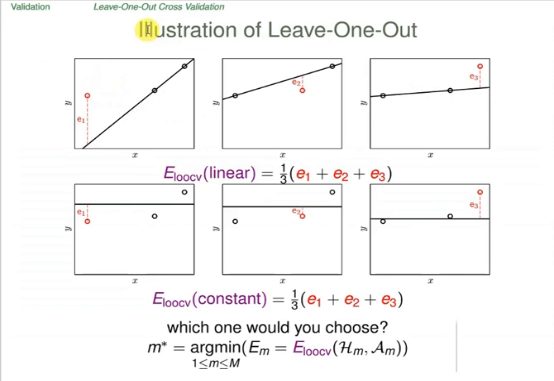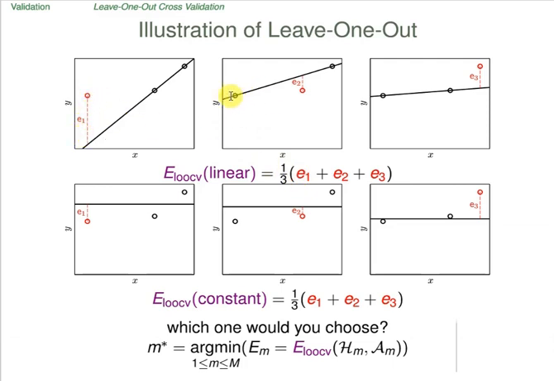Look at the illustration of the leave one out cross validation error. Here, given 3 points, we train 3 different linear models, and we can estimate the leave one out cross validation error of this linear hypothesis as the average across the 3 left out examples. In the first case, we train on 2 points and estimate the leave one out error E1 as the difference here.